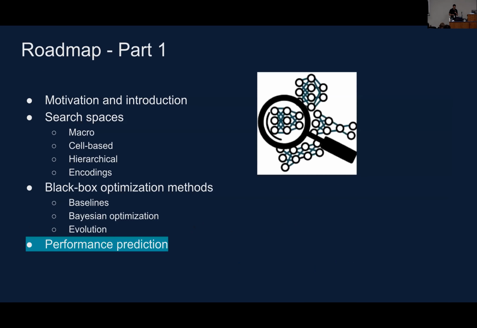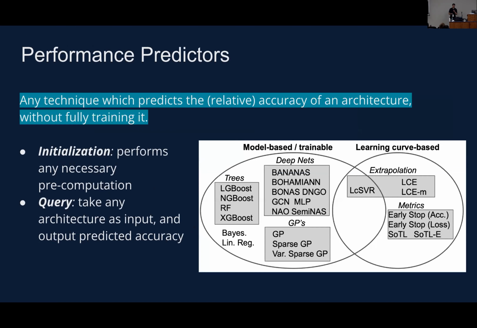Okay, so now I'm nearly finished with my time in part 1, and I will end by discussing performance prediction. What I mean by performance prediction is any technique which predicts the relative accuracy of an architecture without fully training it.